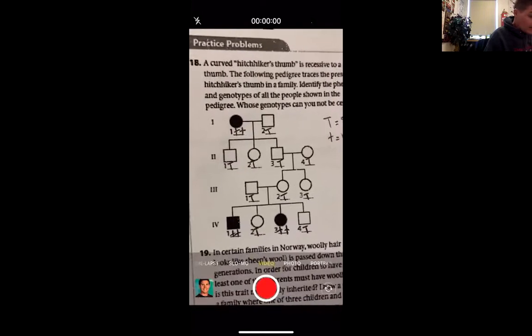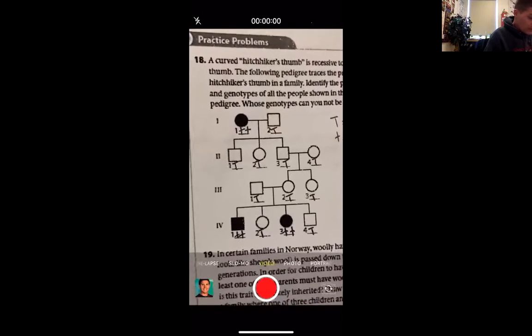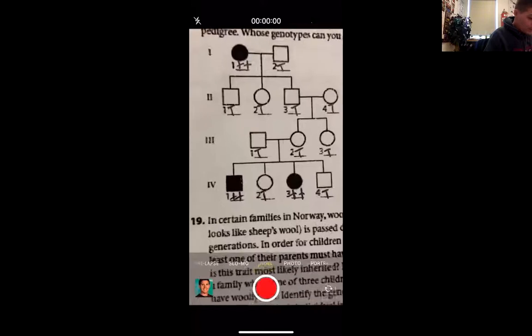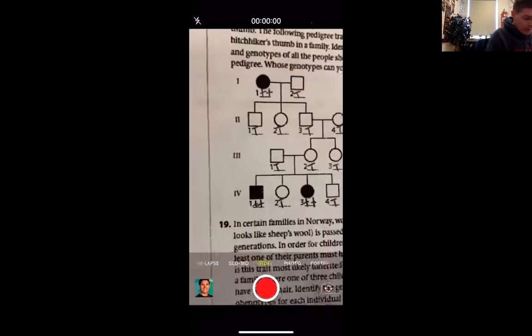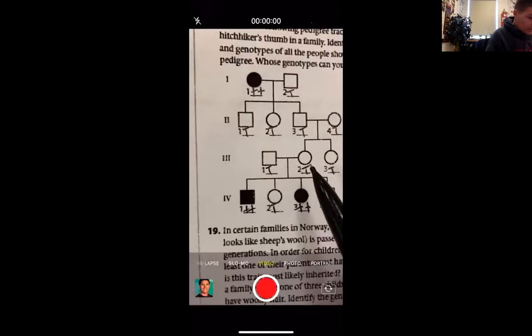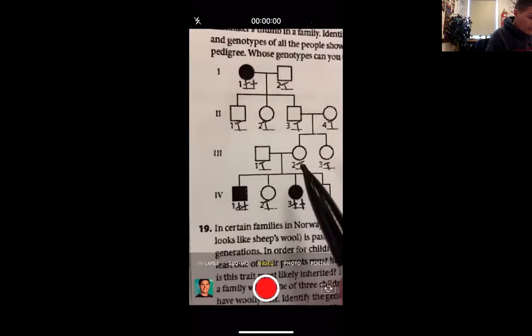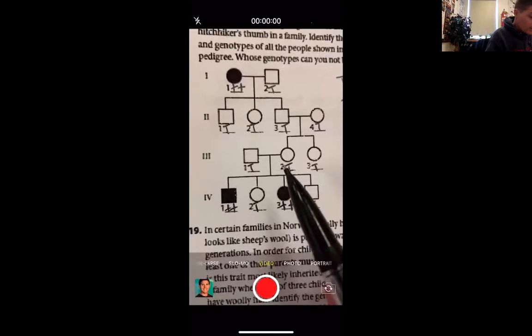Now I have to try and figure out some of these missing alleles, and I can do that on a few of these individuals. So if we go to this family, generation 3 and 4, we have 2 individuals that are unshaded, so they are either homozygous dominant or heterozygous.